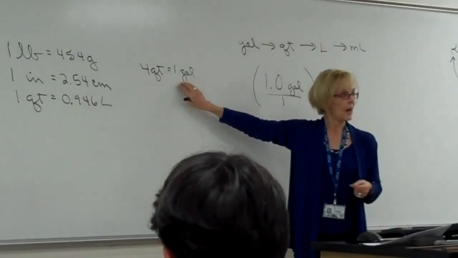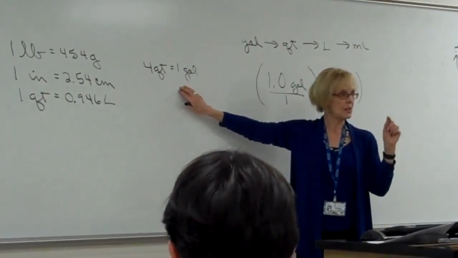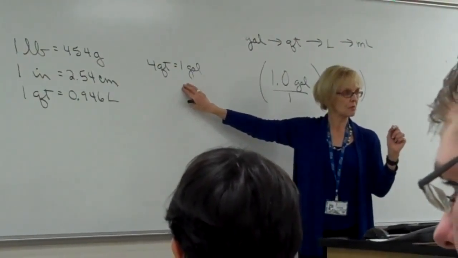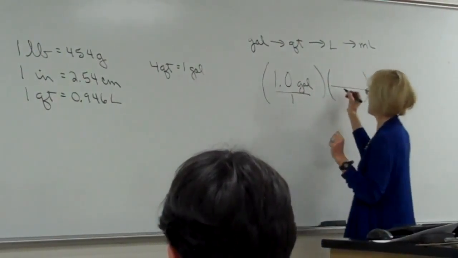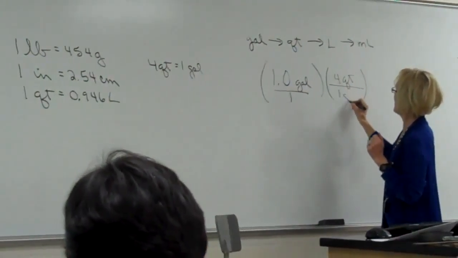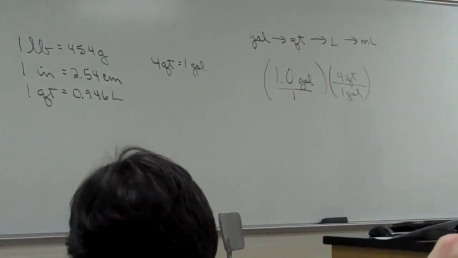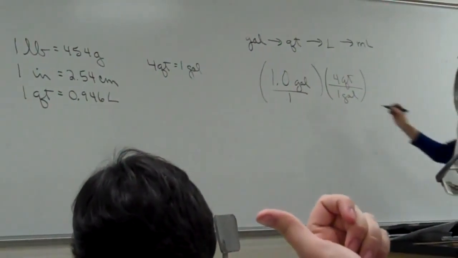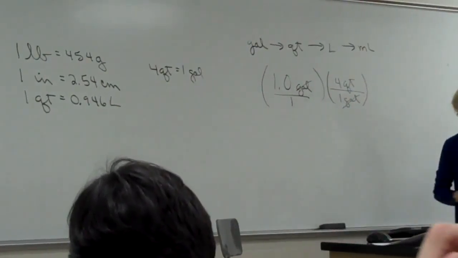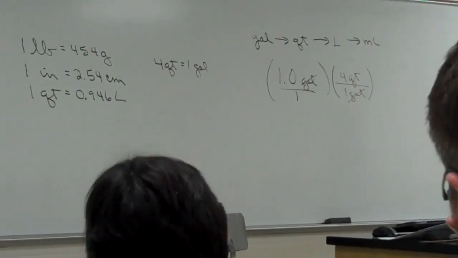Now, Cassandra, let's take it from the top. Change this into a conversion factor. 4 quarts over 1 gallon. Yeah, precisely, good. And I'm sorry I said it wrong at first. Because if you do it that way, your gallons cancel. And so we know if we got 1 gallon, we got 4 quarts.